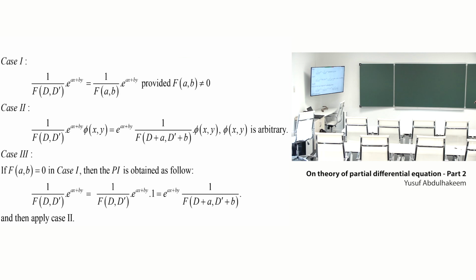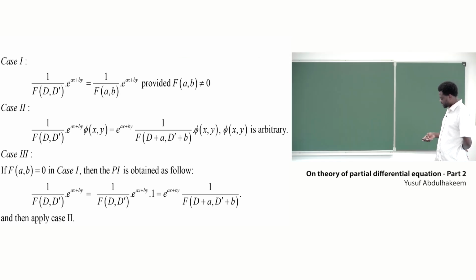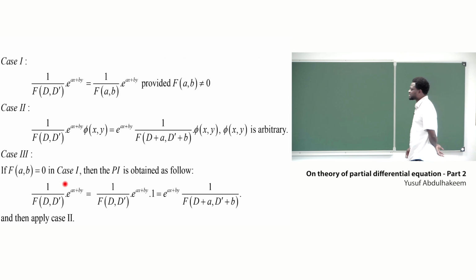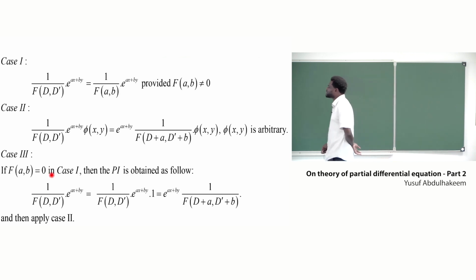Then for case 3, if f of a comma b is equal to 0, in case 1, that is this case, then the particular integral is obtained as follows. What we are now trying to say is, what happens if this f of a comma b is equal to 0?